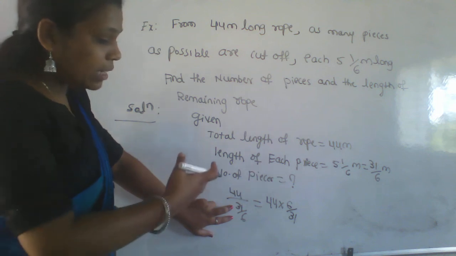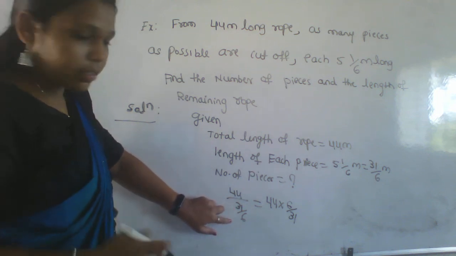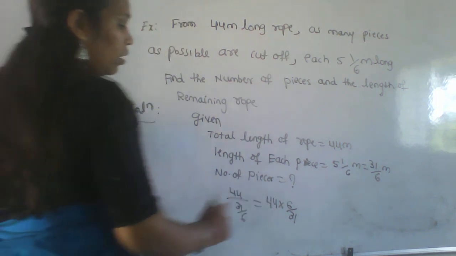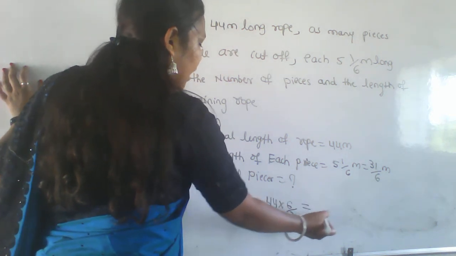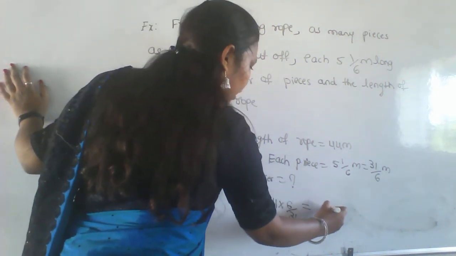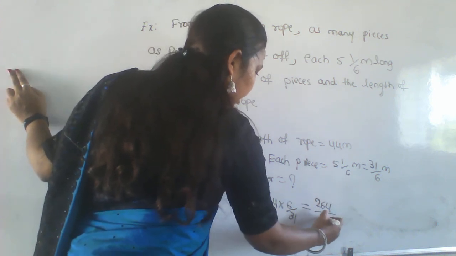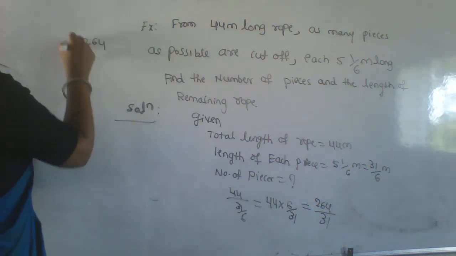If we are doing a multiplication, just we have to reverse this one, 31 by 6, that is 6 by 31. Now do the simplification. That is 44 into 6. 6 4s are 24, 2 carry, 6 4s are 24, 26. And here 31. Do the division for 264 by 31.